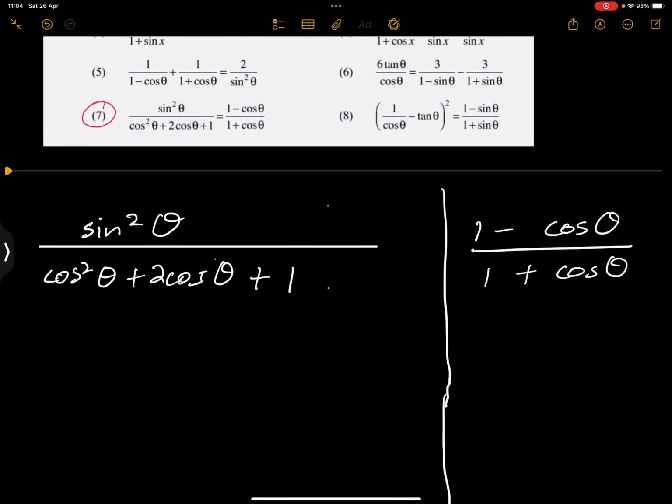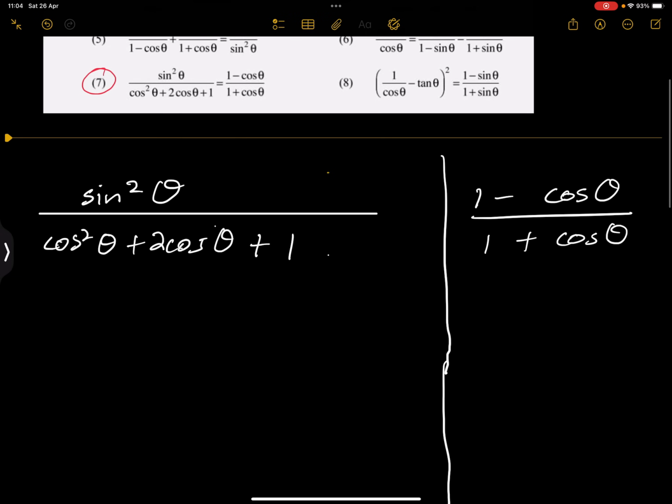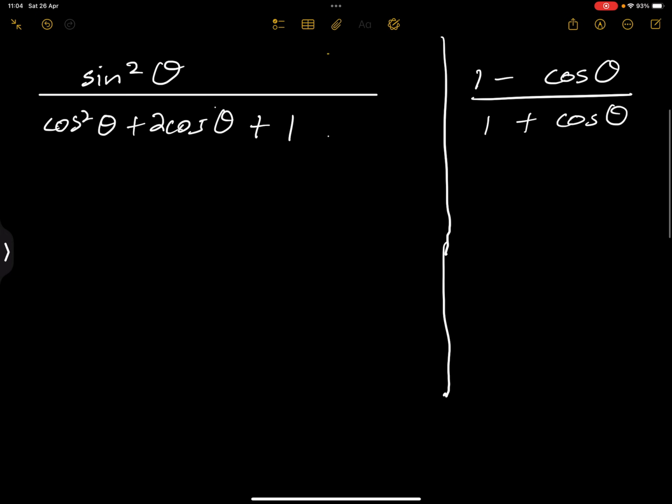Now, here's where we are going to start. If I look at the left-hand side, there's quite a bit to do. On the right-hand side, I've got everything in terms of sine and cos, and there isn't really much we can do there. But on the left-hand side, we're going to have to be a little bit more creative in answering this one.